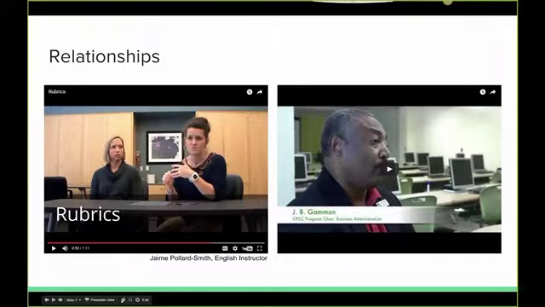So essentially, Jamie is talking about how I collaborated with them a few years ago, when we were first starting our journey down this path, on co-writing rubrics for the research assignments in this class. I spent a lot of time with Jamie and Rebecca Fagan, who's on the left there, who's another English faculty.